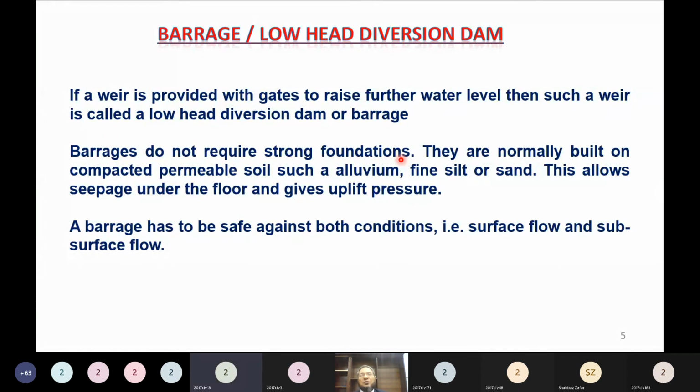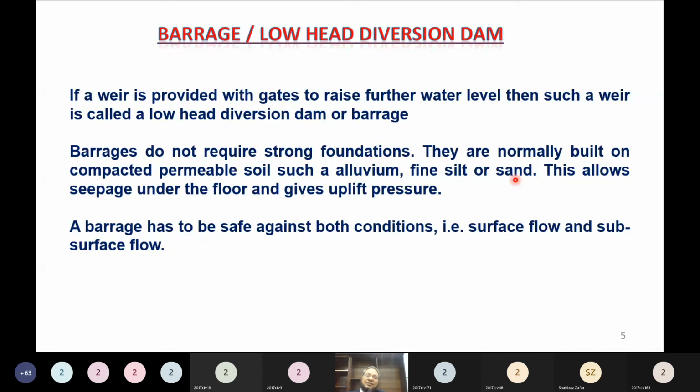Yes, but in alluvial rivers, we do not have rocks, and if we have rocks, those are available at too deep depths. So normally we don't provide barrages to that much depth, and we provide them on the alluvium, maybe sands or fine silts. So these barrages rest over there. When we construct these barrages over sandy foundations, then what happens?